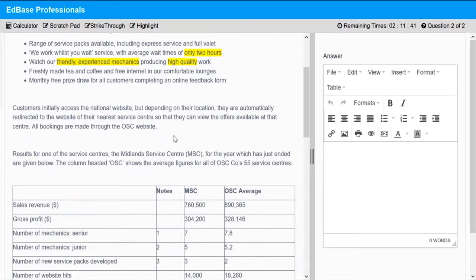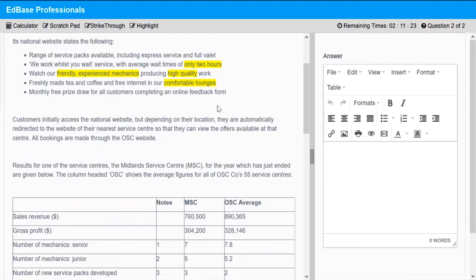Freshly made tea and coffee and free internet in our comfortable lounges. That means we offer customers fresh tea and coffee while they are waiting for their services at our lounges, and a monthly free prize draw for all customers completing an online feedback form.